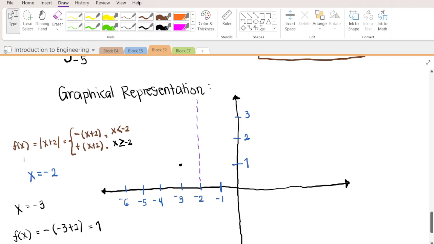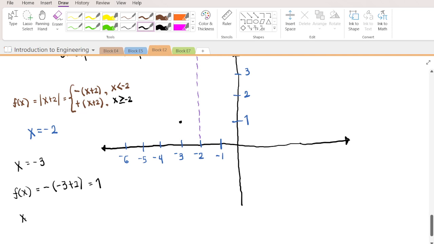And remember, if your value of x is negative 2, regardless of which function you use, the first function with a negative sign or the second function, you still get the value of 0. So f of x is equal to x plus 2. Negative 2 plus 2 will be equal to 0. So that will be your boundary for the absolute function.